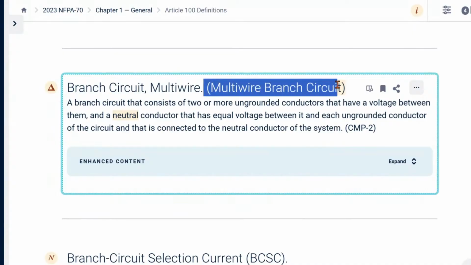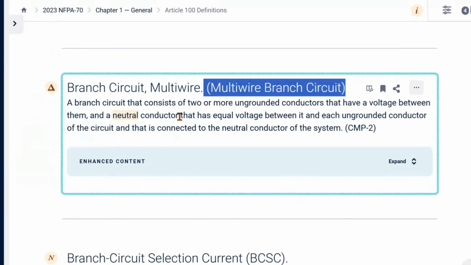Also, you'll notice here, grayed out to the side of it, whereas it's branch circuit, multi-wire. A cycle ago, in the 2023, there was an effort being made because more and more people are using electronic tools like Link and all that kind of stuff in the field. And it makes life easier for the search feature, right?